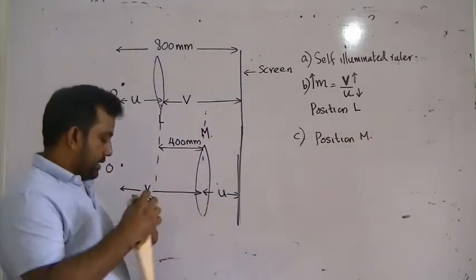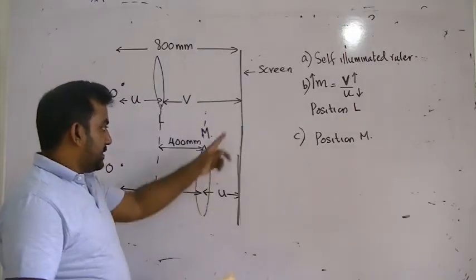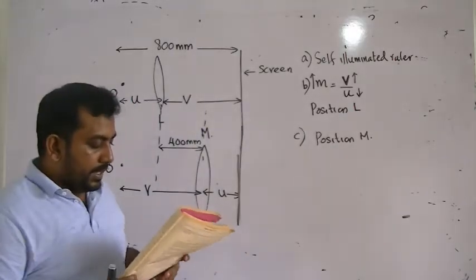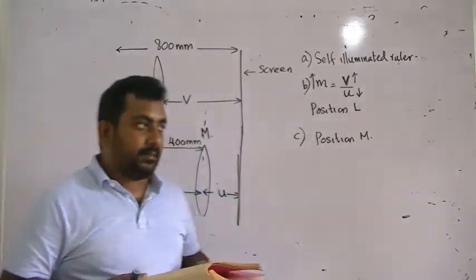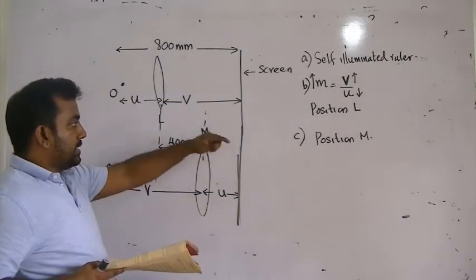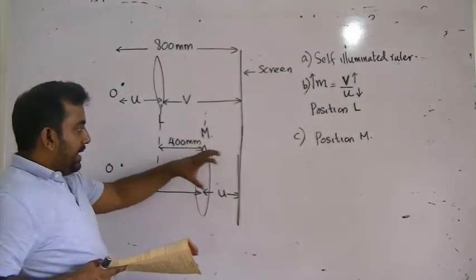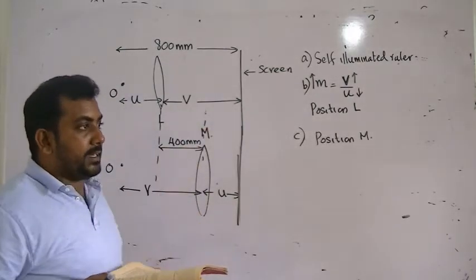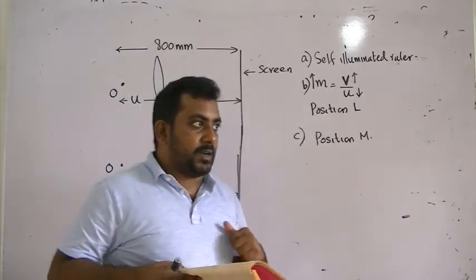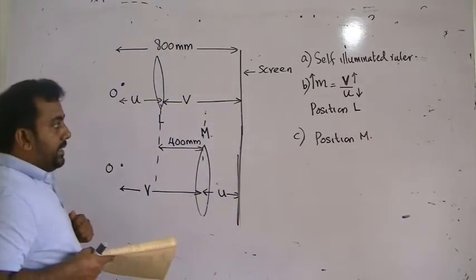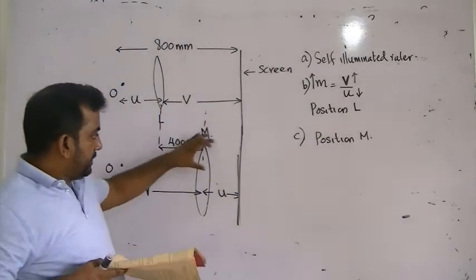The closer the lens is to the screen, the lesser the dispersion of light.